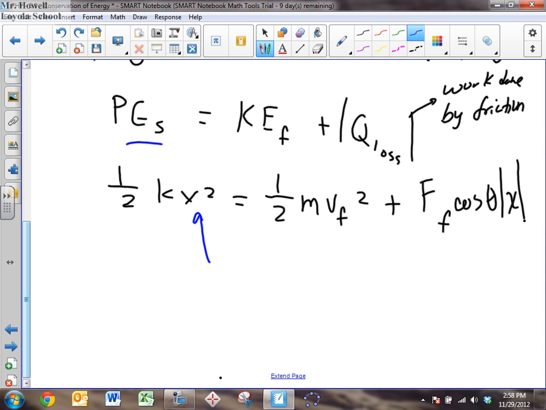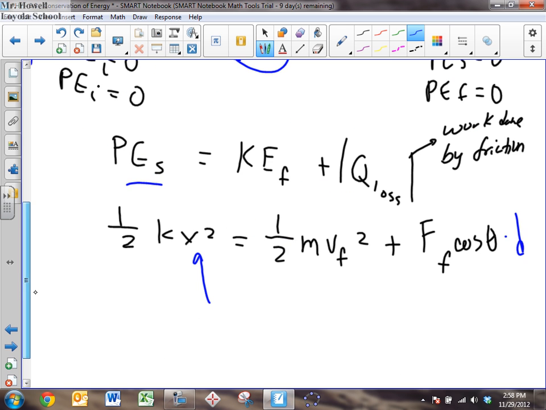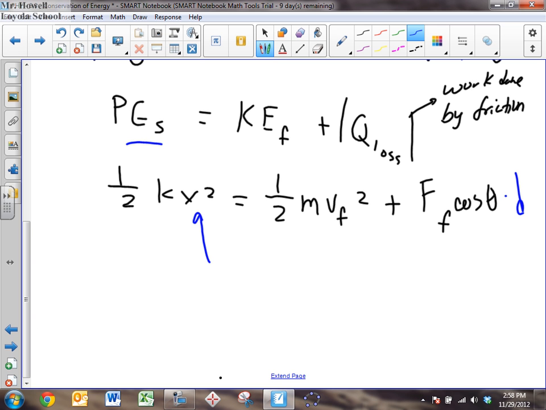So for the purpose of this example, feel free to call this d instead of x, because in our diagram I called it d for that reason. In the diagram, remember I called this d right here? Because I didn't want you to confuse that with x from the spring. I don't usually do that, but for this example, feel free to call that d.